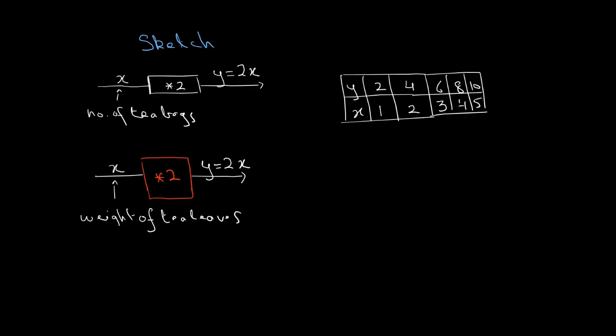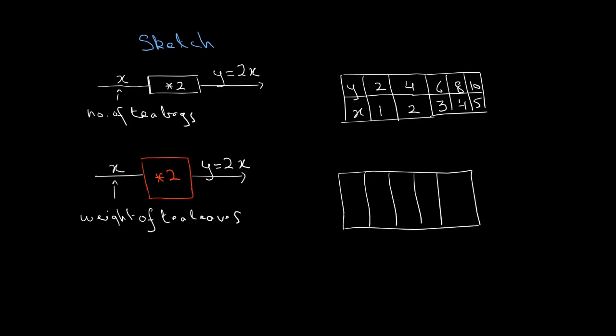So now if you buy 1 gram of tea leaves, you have to pay $2. But you can also buy 1.1 grams of tea leaves, and if you buy 1.1 grams of tea leaves, then you are going to be paying $2.2. This is slightly different because now x can be any real number.